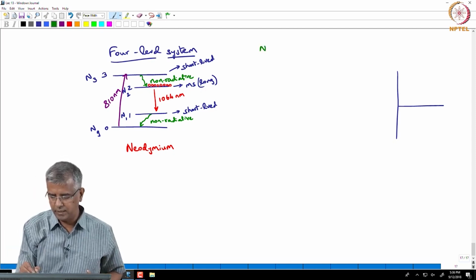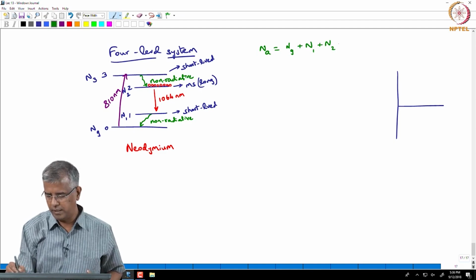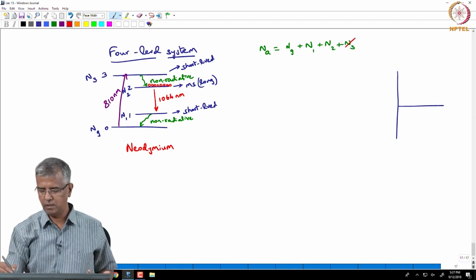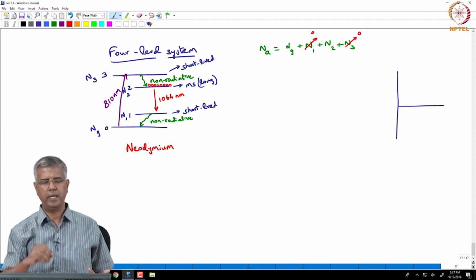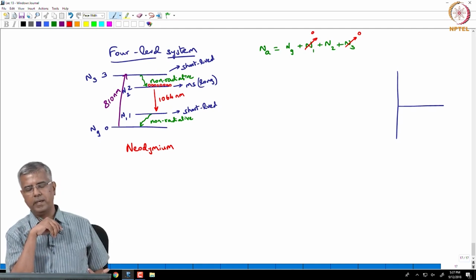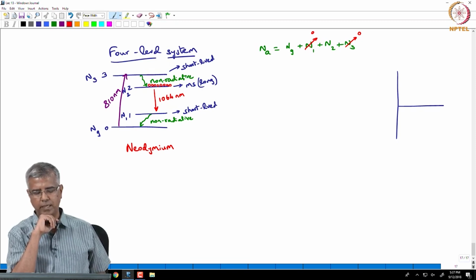So, I would say that N A is going to be given by N G plus N 1 plus N 2 plus N 3, but N 3 is going to 0, N 1 is going to 0, because the corresponding energy levels have very short lifetime, something on the order of tens of microseconds.